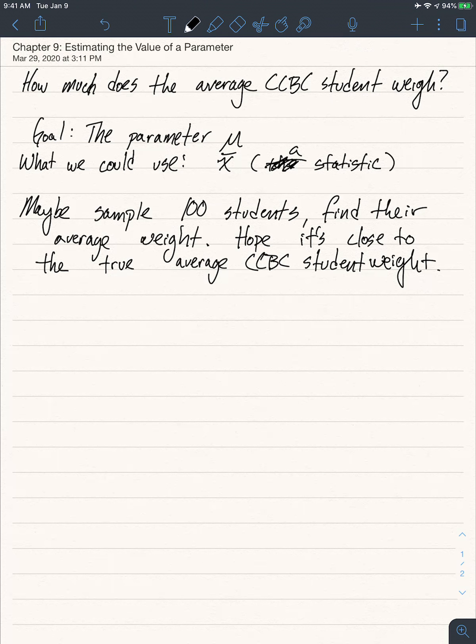But it might not be, right? Let's say the true average is, I don't know, 170 pounds. My statistic that I find, let's say I go out there and sample 100, what if I find 168 pounds?